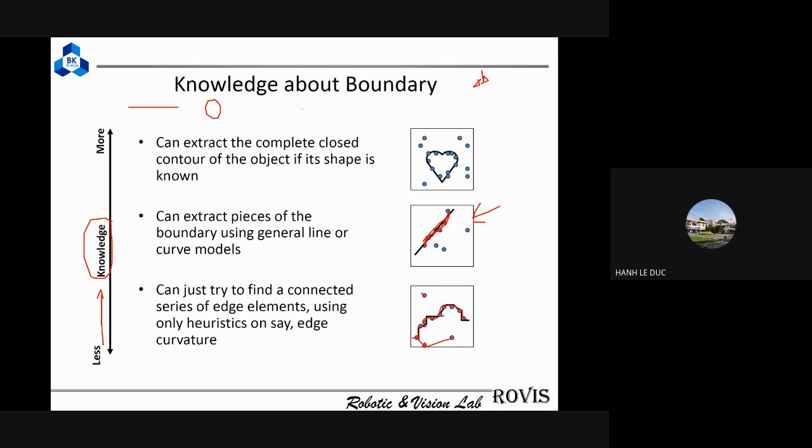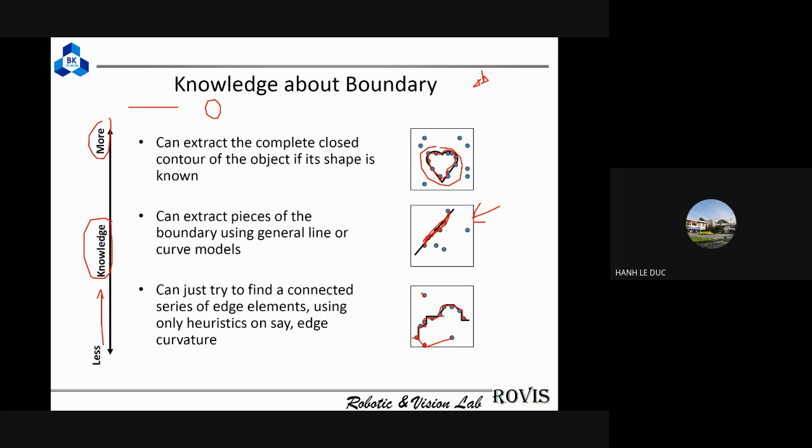And if you have more knowledge about the object you want to recognize, for example a heart like this, the image processing will try to connect all the lines to form a heart like this. So this is image recognition related to knowledge.